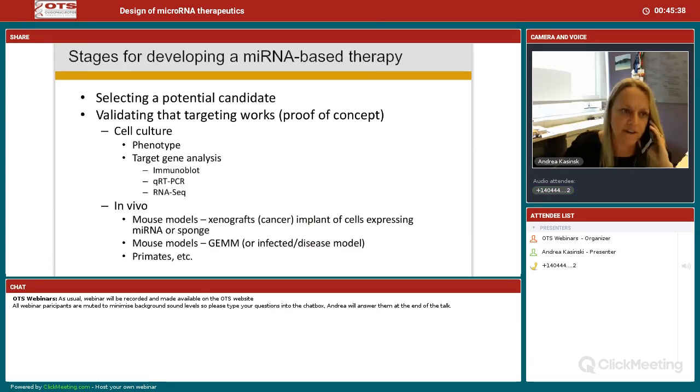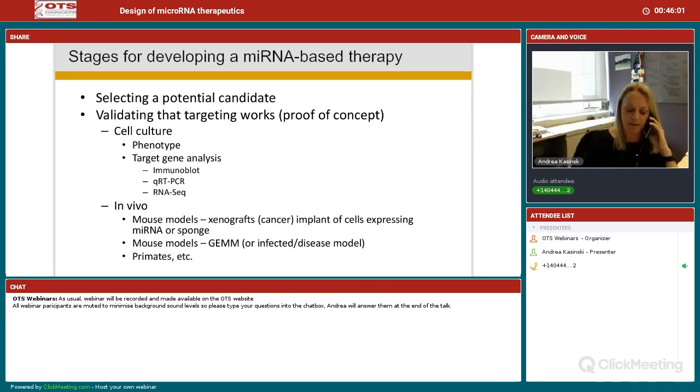So we talked briefly about selecting a candidate, and then the next step, of course, is doing some basic proof of concept in cell culture, really validating that this candidate is functioning as intended and would be a valid candidate as a therapeutic. So in the context of cancer, we would likely go to a cell culture model.